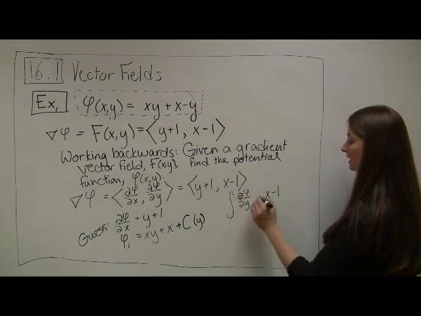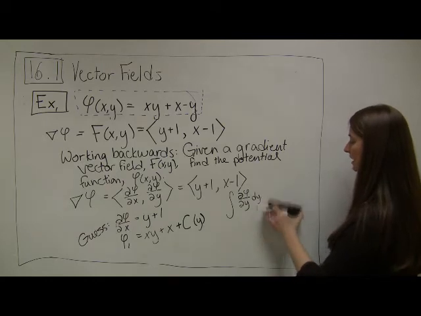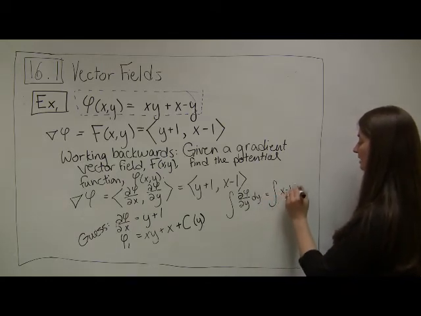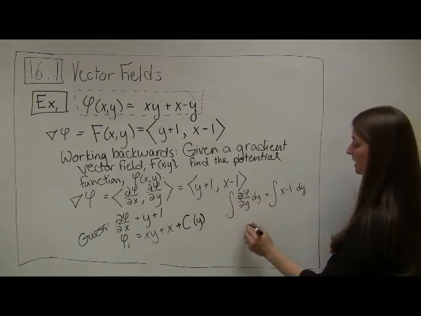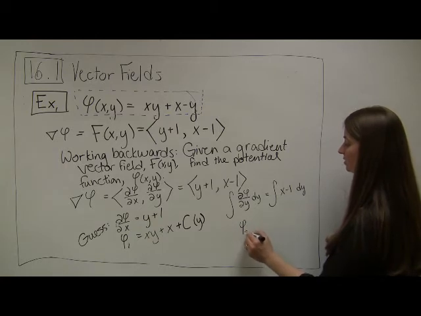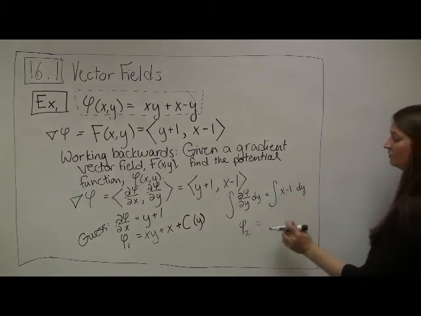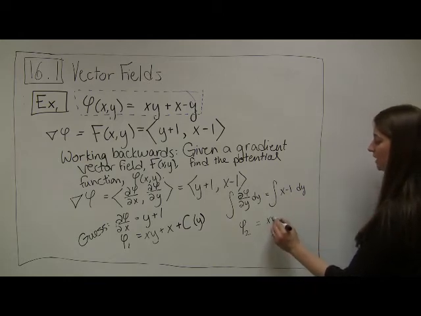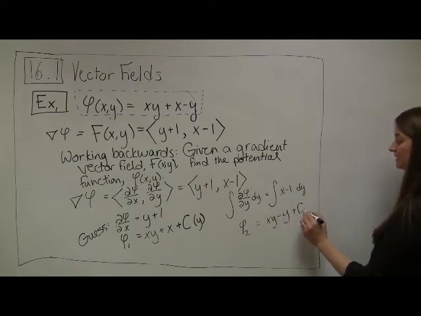I'm going to take the integral of that side with respect to y, and the integral of this side with respect to y. And when I anti-differentiate with respect to y, I get some phi 2 function. Treating x and negative 1 as constants, I end up with xy minus y plus my constant. And my constant in this case is going to be a function of x.